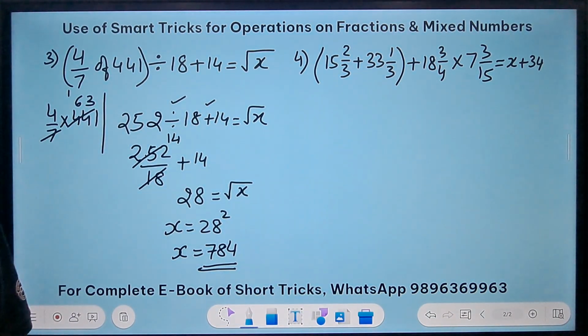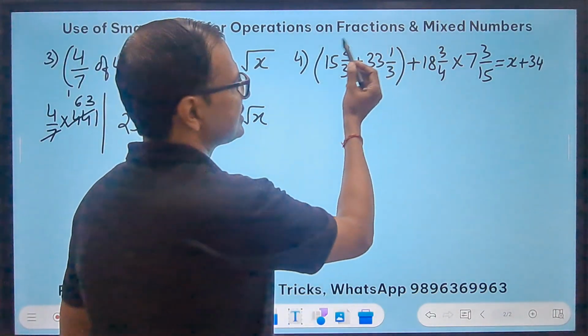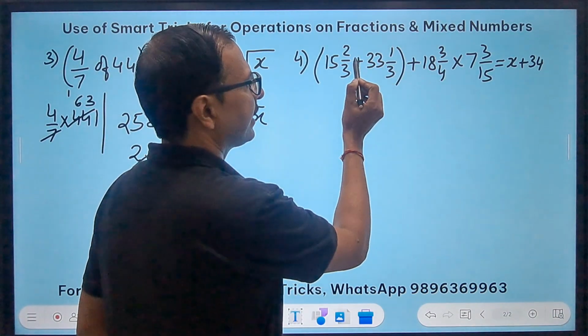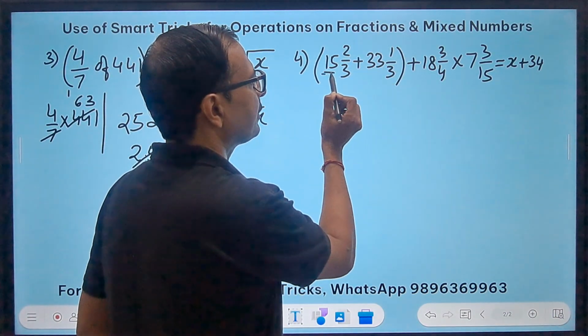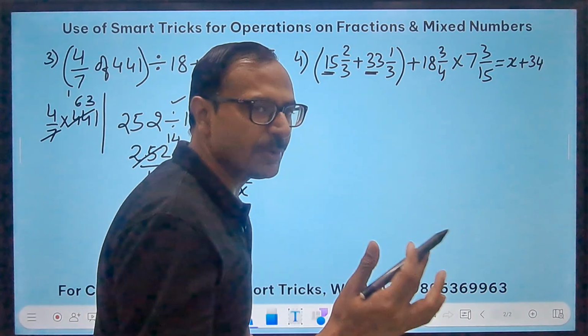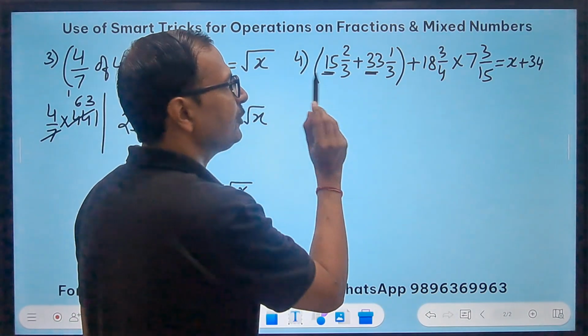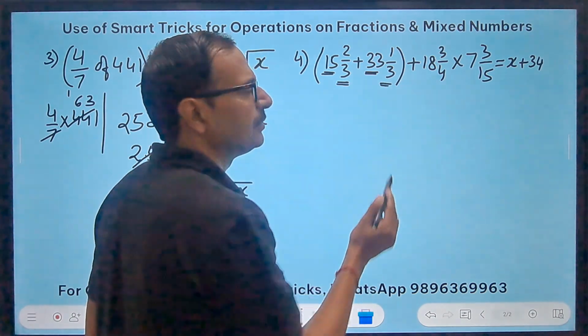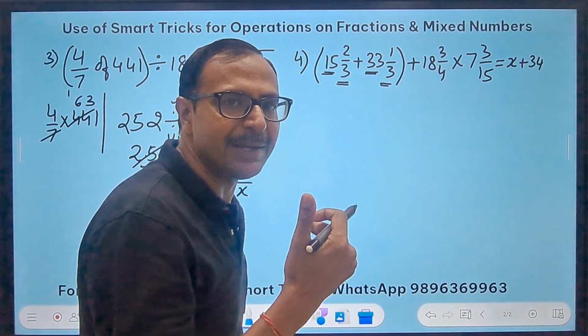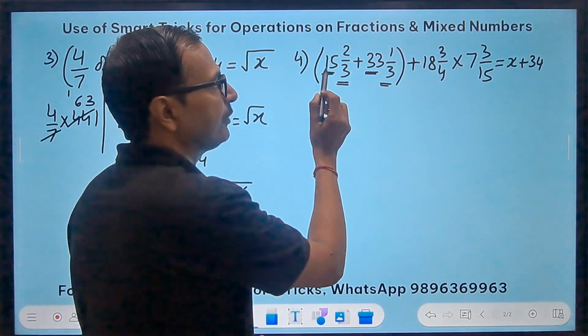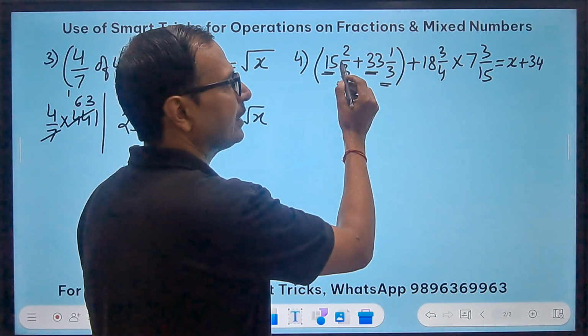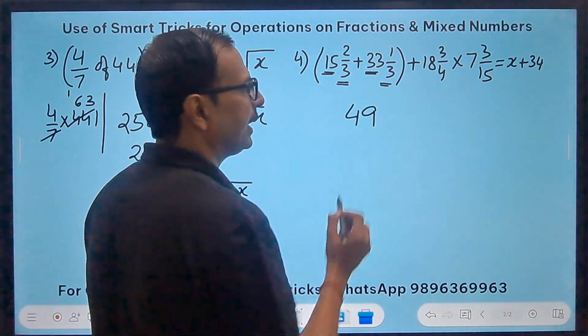Now to solve this question, we have to first simplify this part. Now add, right? So what is the whole number part? 15 and 33. How much is that? 15 plus 33 is 48. And if you know 2/3 and 1/3, that gives you 3 by 3, that is 1. And so 15 plus 33, 48 plus 1 becomes 49.